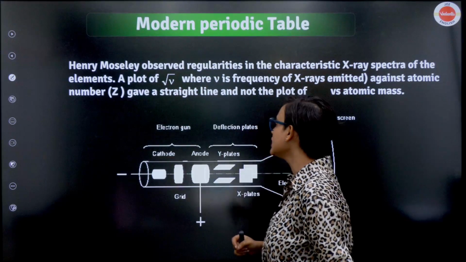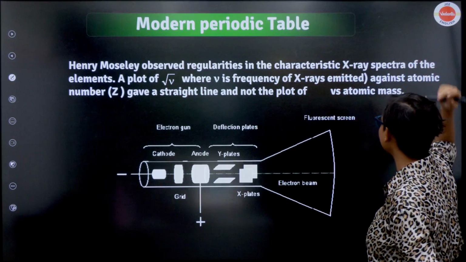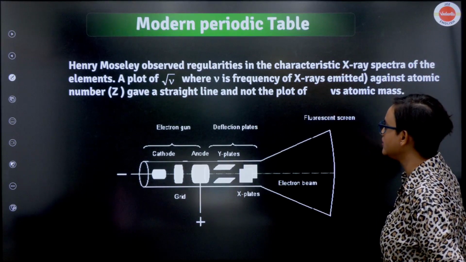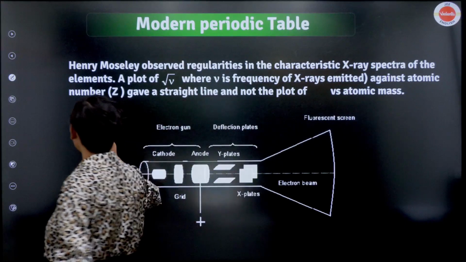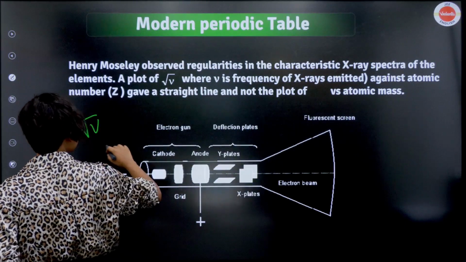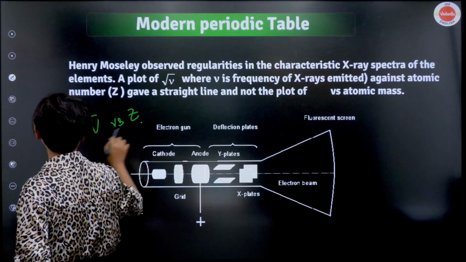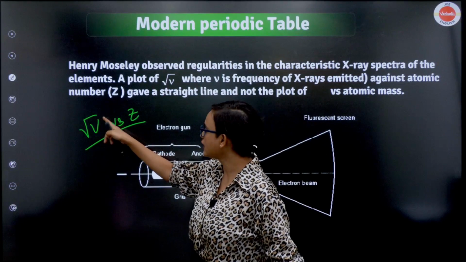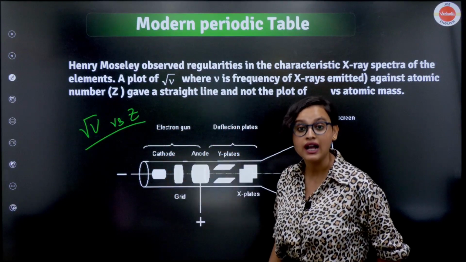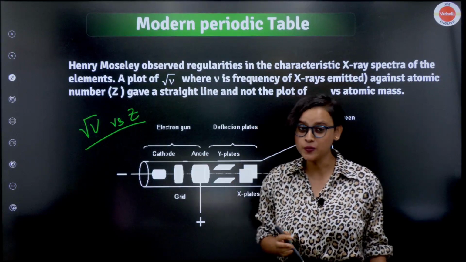He studied the characteristic X-ray spectra of the elements, and then he plotted a graph of the root of frequency versus atomic number.